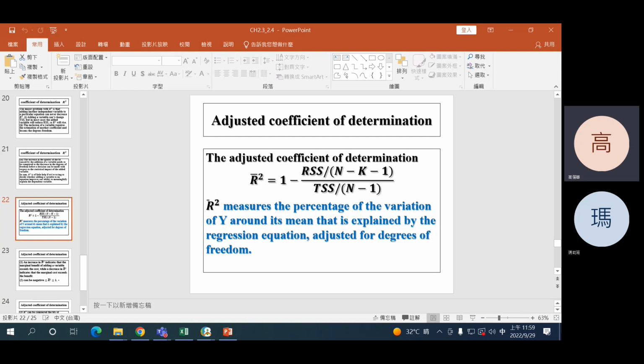So if k equals 2, it is n minus 1 divided by n minus 3. So what's the number of this one? This is greater than 1, right? This number is always greater than 1, because the numerator is always larger than the denominator. So that is greater than 1.